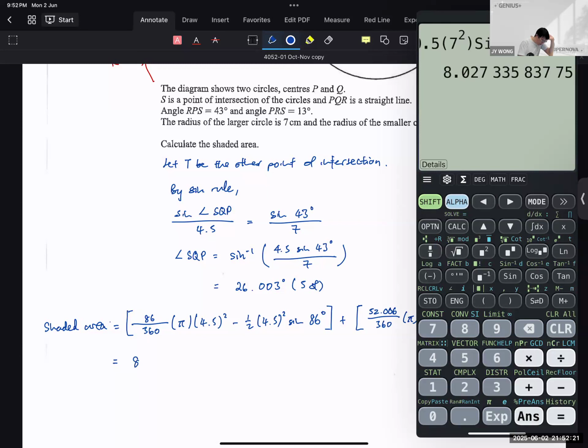So you will end up with 8.027 in 4SF, which will be 8.03 in 3SF, which I think is also the same. Oh, wait.